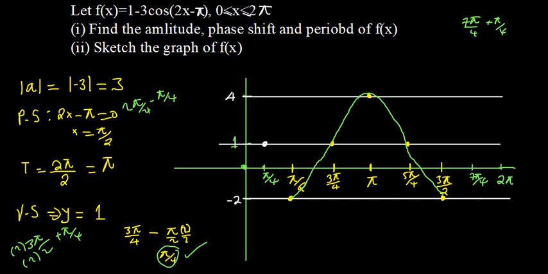And then for me to move from here to 0, it will come and reach here. And then also in the forward direction from 3 pi over 4 to 7 pi over 4, it means the function will come and reach here. And then to 2 pi, the function is going to come and reach there. So this function will now turn and go like that. And same way in this direction, the function is going to turn and go all the way like that. So this is supposed to be the sketch of this function in the given range.